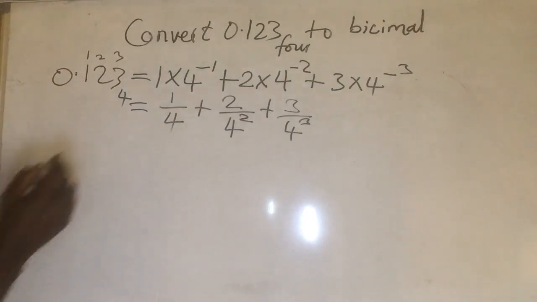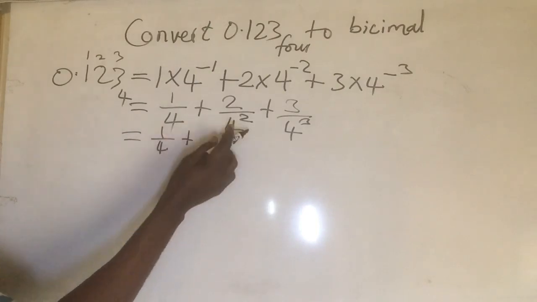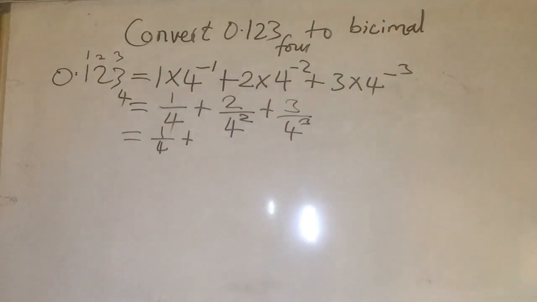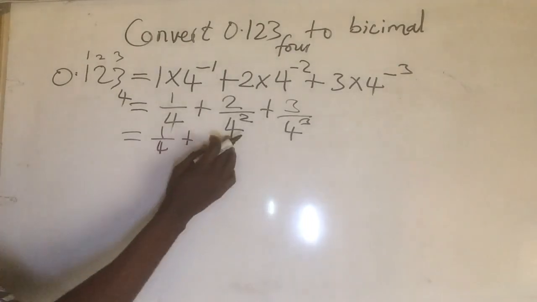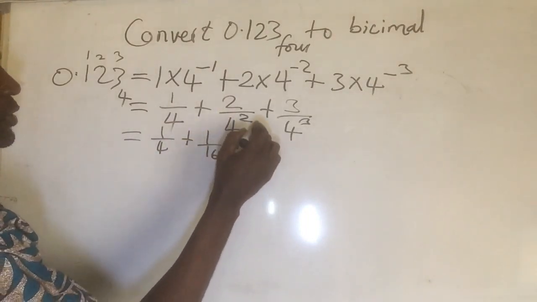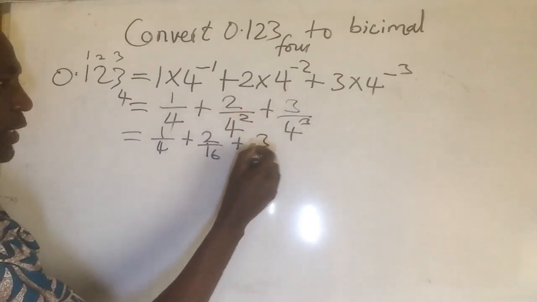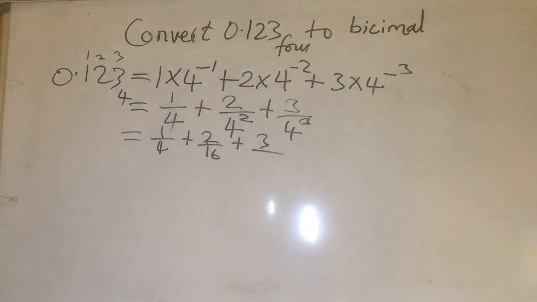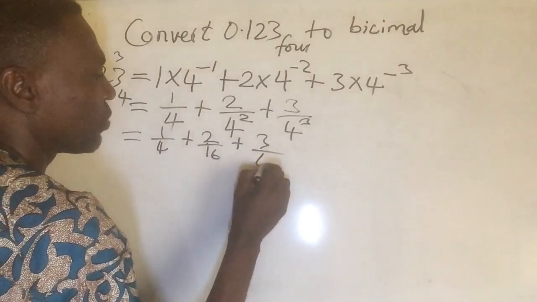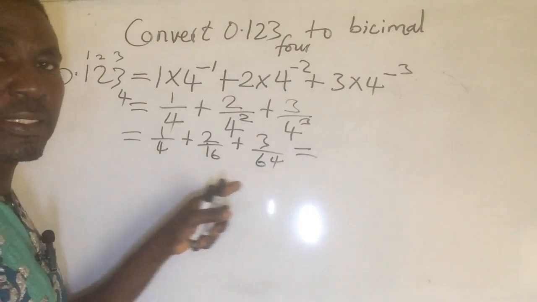Now when we continue breaking it down, 1 over 4 plus 2 over 4 squared. 4 squared means 4 times 4, which is 16, so 2 over 16, plus 3 over 4 cubed. 4 cubed means 4 times 4 times 4, which is 64. So let's continue.